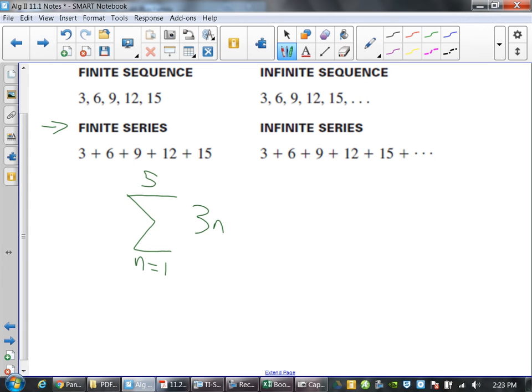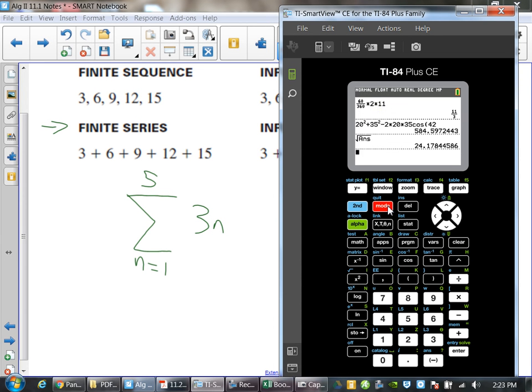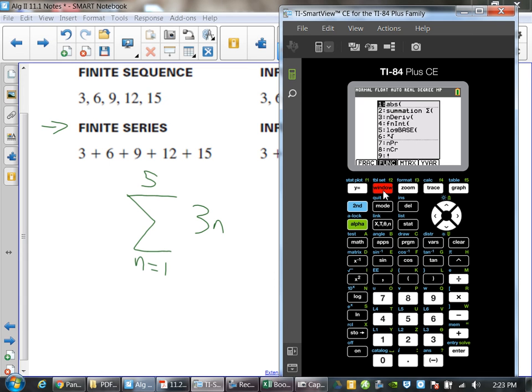So if we wanted to figure that out, there's a button in the calculator to do so. Let's see here. If we hit alpha window 2, you get that summation symbol. So the first thing you have to put in there is x, because that's your unknown.